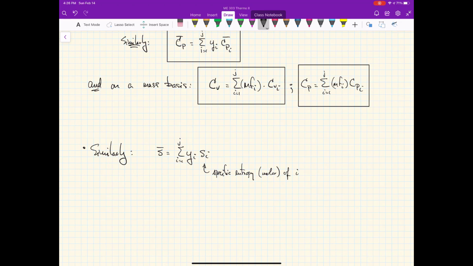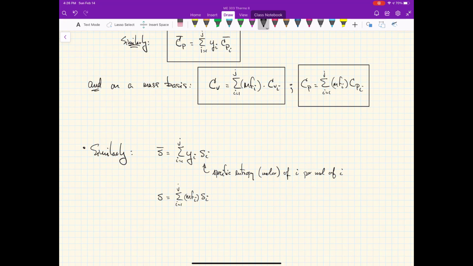So this here is the specific entropy on a mole basis of constituent i, per mole of i.